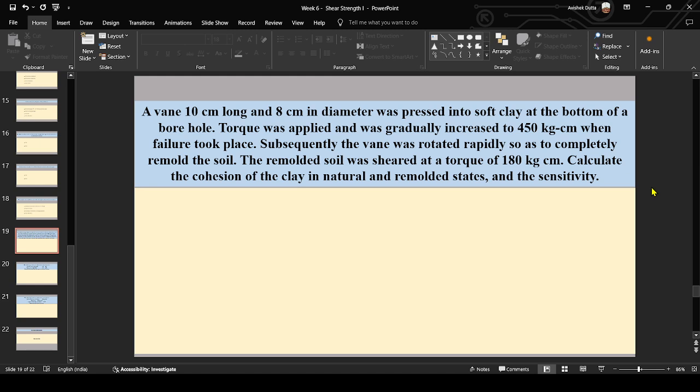Calculate the cohesion of the clay in natural and remolded states and the sensitivity. This is a problem from the vane shear test.